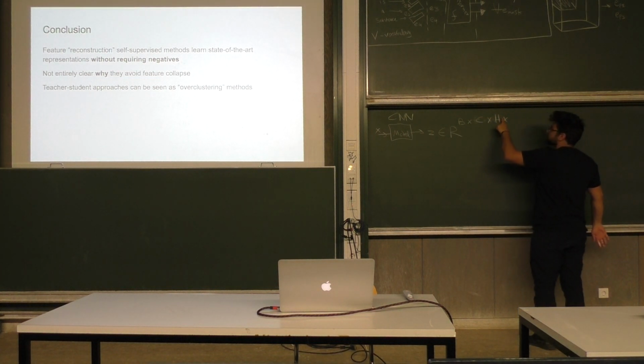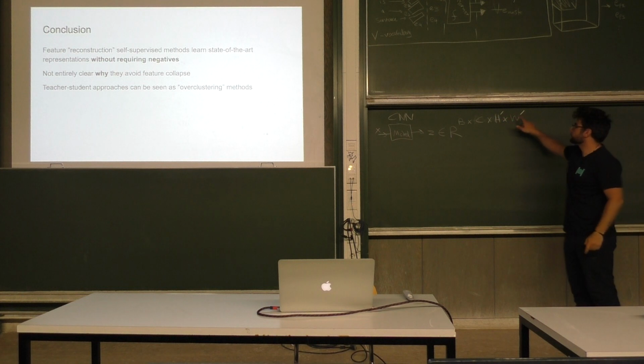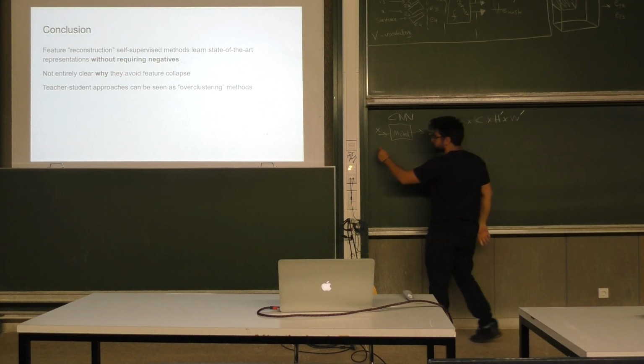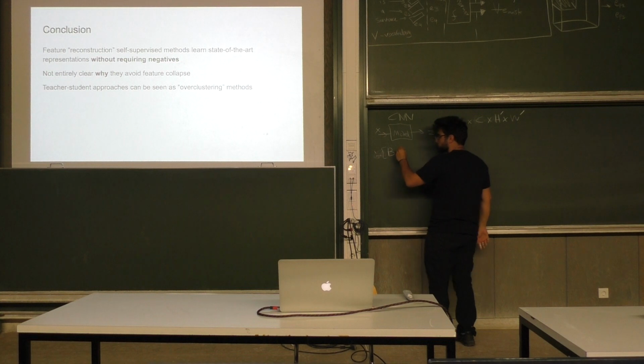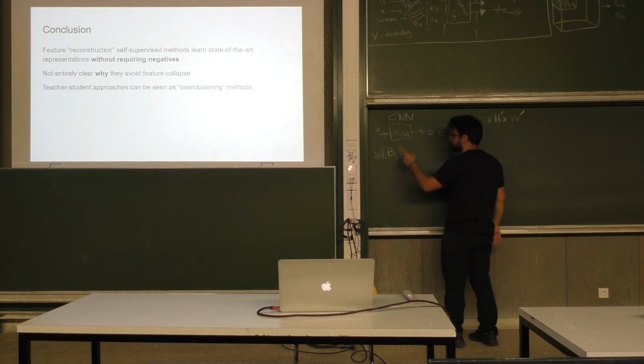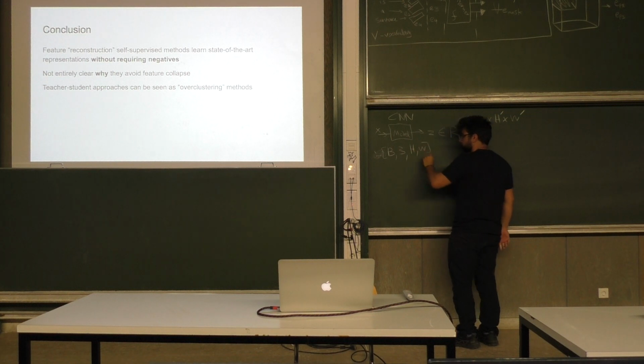Let's use this format. I will use this notation to distinguish from the initial spatial dimensions. Here we have batch size, 3 channels necessarily because we are talking about natural images, and then 8, and then width.